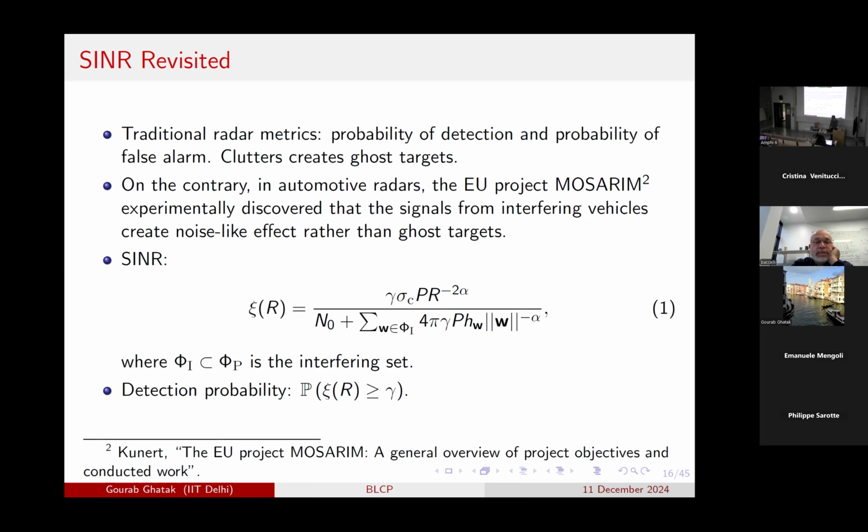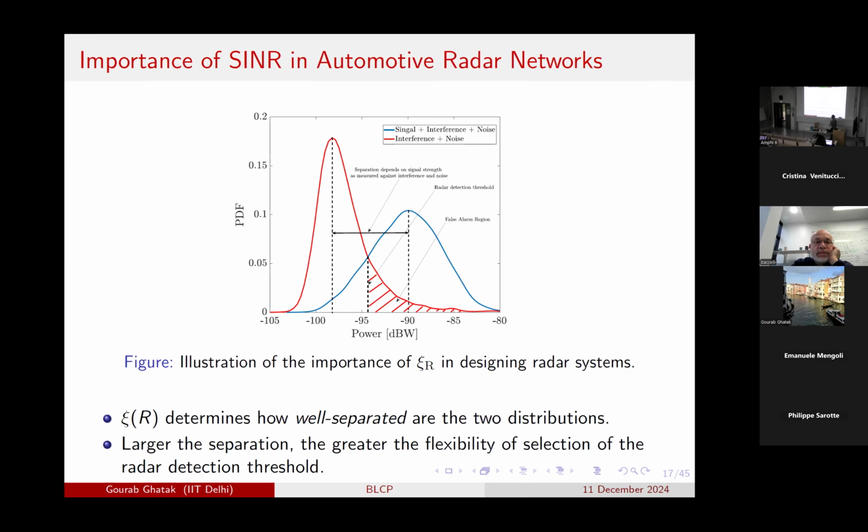Another way to interpret this CCDF of SINR is like this. Suppose I draw the distribution of signal plus interference and noise, which is the blue one. Statistically, it's larger than only interference plus noise. So my probability of detection or probability of false alarm is dictated by how I choose my detection threshold.